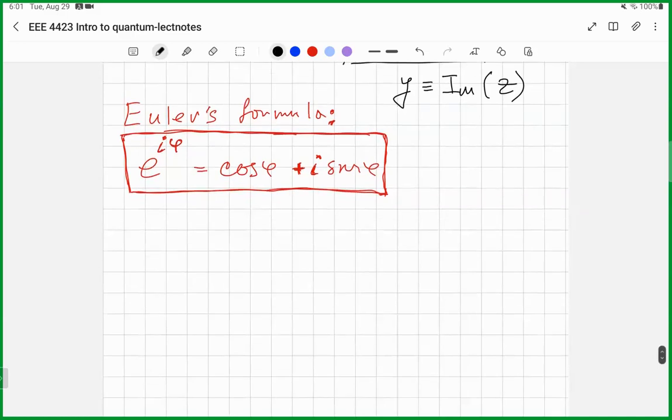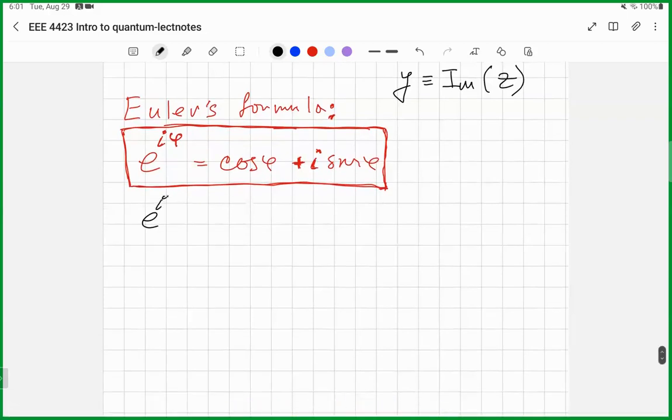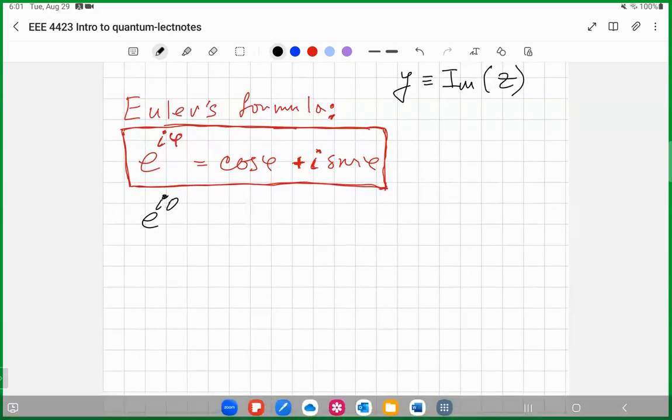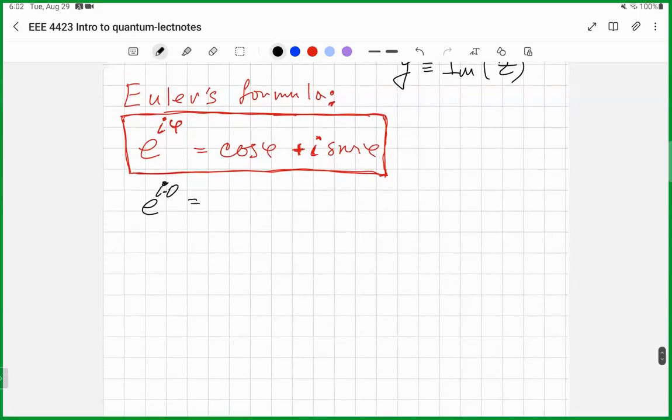So first of all, for example, if we take something like e to the power of i0, so the angle is 0, what would we get? It means that we need to take the cosine 0 plus i sine 0. You know that the sine 0 is 0, cosine 0 is 1, so it's equal to 1. So e to the power of i0 is equal to 1.